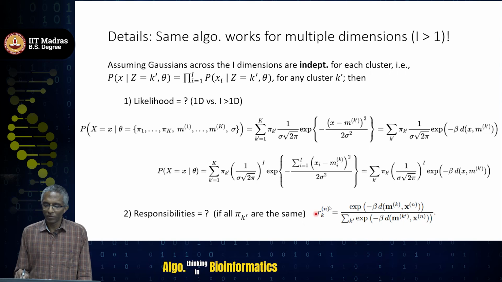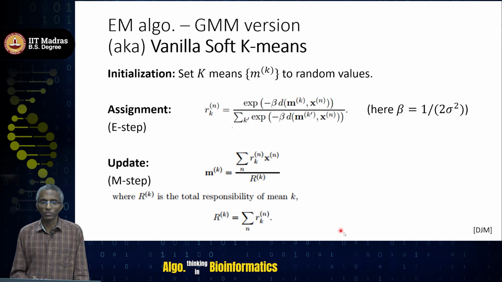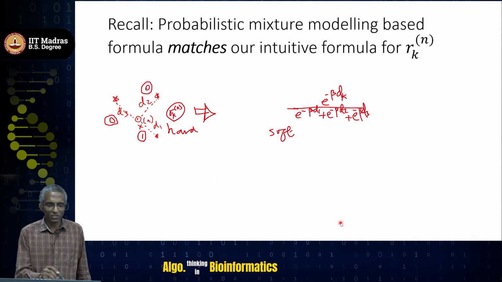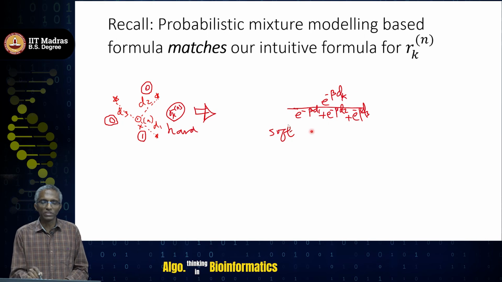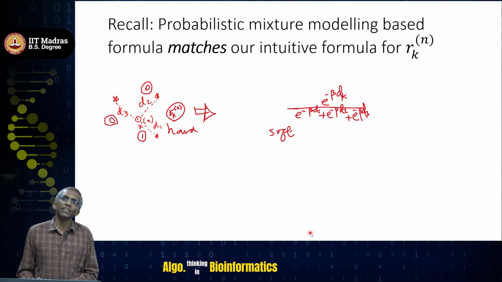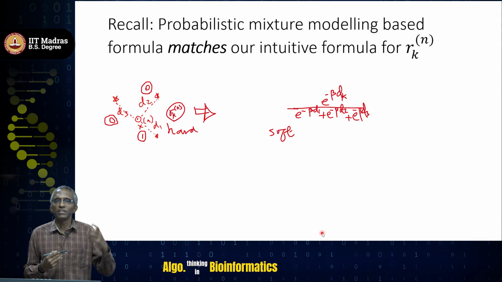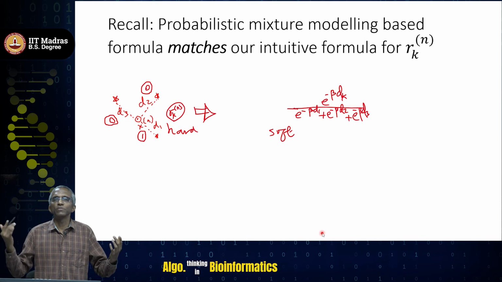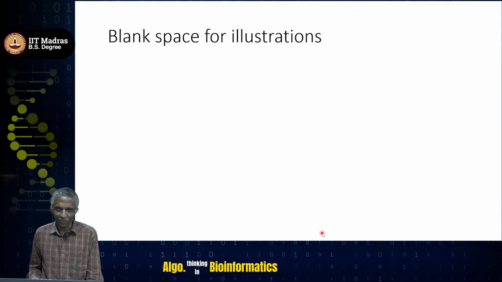And this particular form of responsibility vector that this slide shows is exactly what we have also intuitively derived before: we have these 3 distances and then we use the softmax function to convert those distances into probabilities that add up to 1, and that also perfectly matches. So we have 3 things that are triangulating. We had this intuitive formula and used that to derive our soft k-means. We have this mixture model and used it to derive the soft k-means. Both of them are identical. Okay, that is the connection we have established.